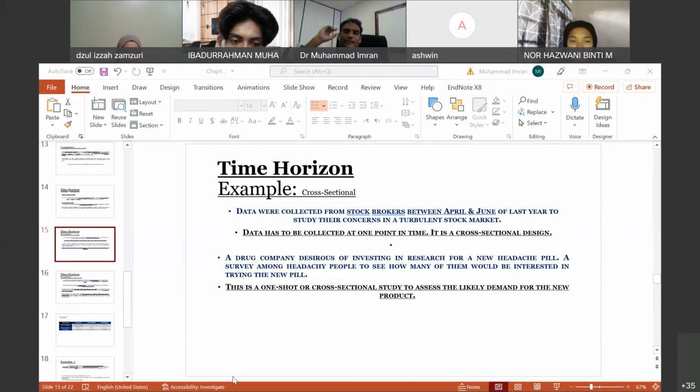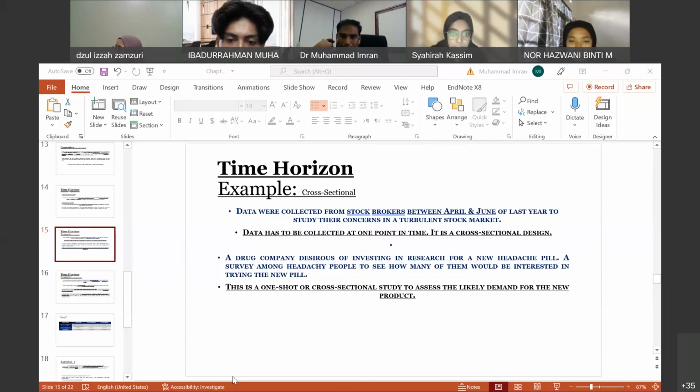Data were collected from stockbrokers between April and June of last year to study their concerns in a turbulent stock market. Yes, data has to be collected at one point in time. It is a cross-sectional design.